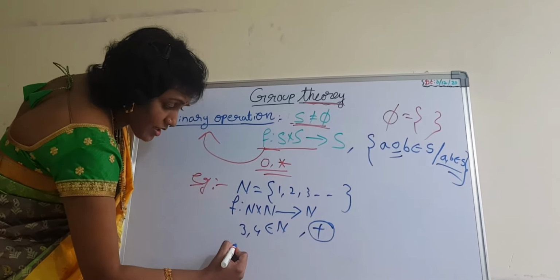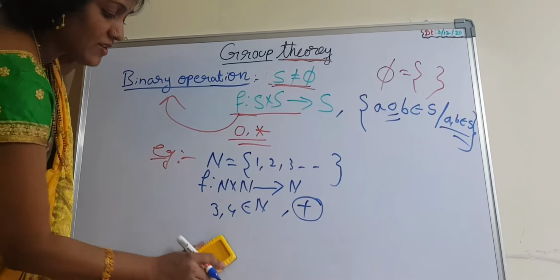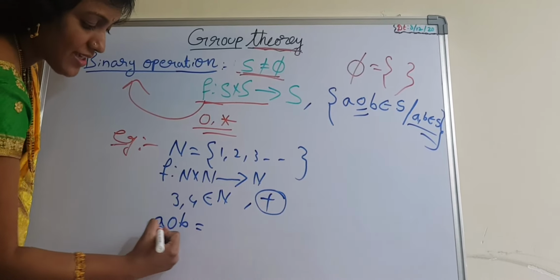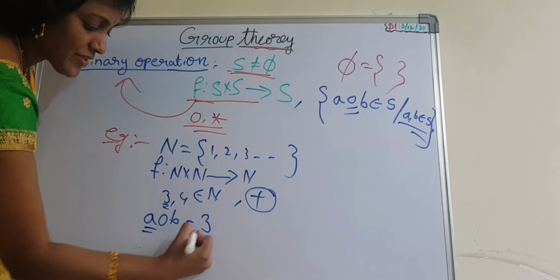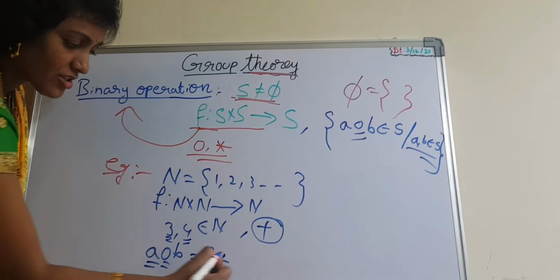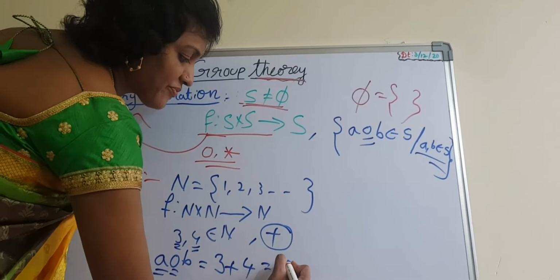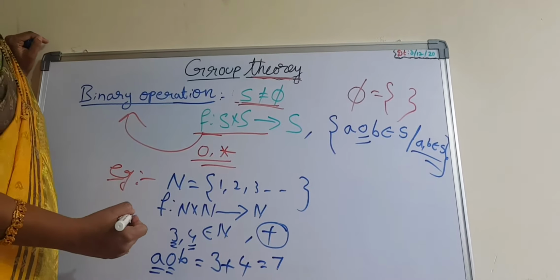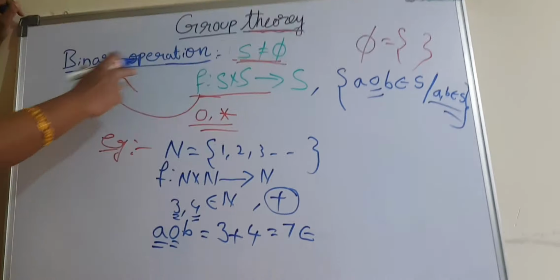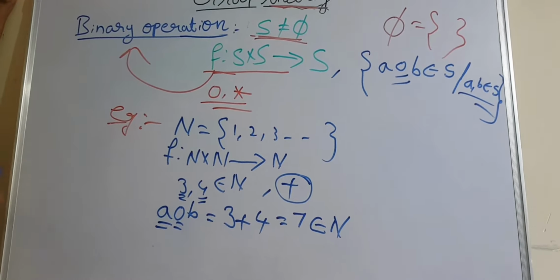What is the formula? A circle B, here A is 3, circle I am taking plus, you can take minus, anything, and B is 4. What do we get for 3 plus 4? 7. Does 7 belong to the natural numbers? Yes.